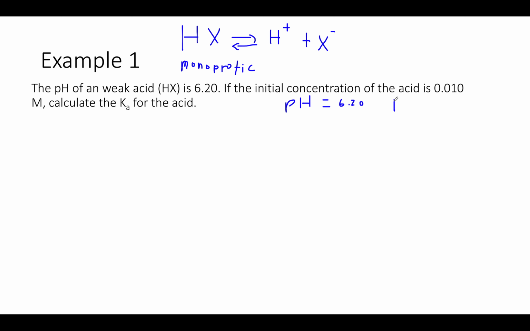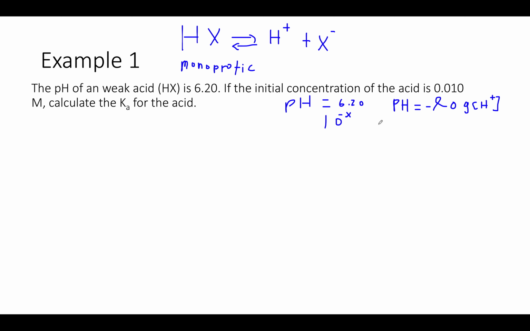And if you recall, the pH is equal to the negative log of the hydrogen ion concentration in a solution. So if we have the pH, but we're solving for the hydrogen ion concentration, we need to take the negative inverse log. And how you do that is you take 10 to the negative x. 10 to the x to cancel out the log, the negative to cancel out the negative sign.